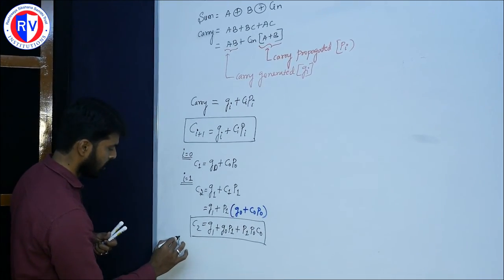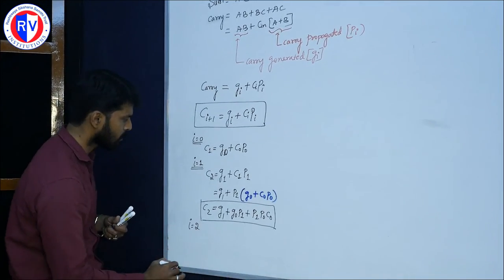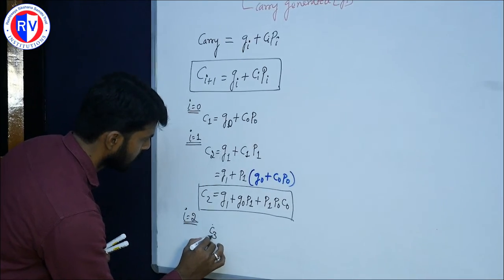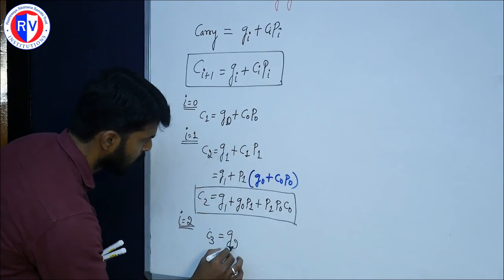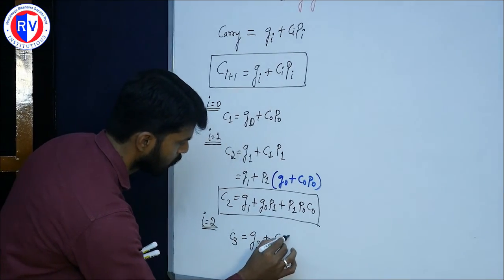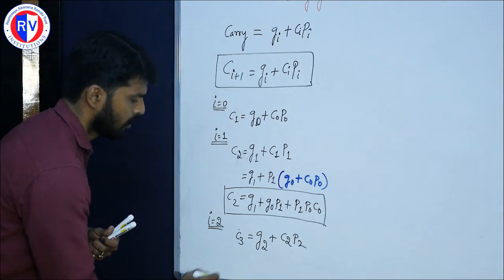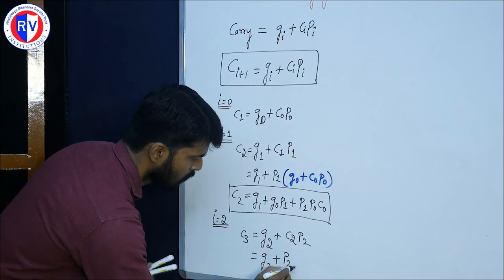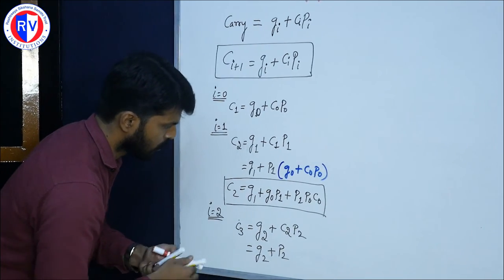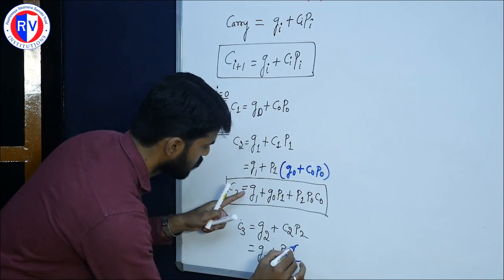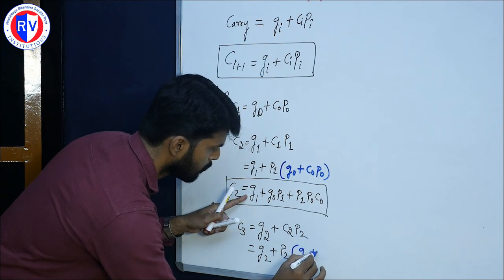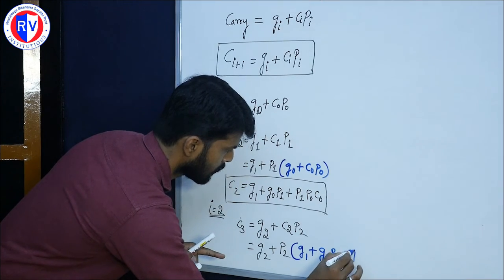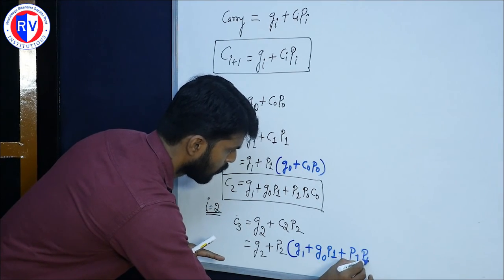Similarly, now I will take i equal to 2. If i is equal to 2, then C3 is equal to G2 plus C2 P2. And we know what C2 is. So G2 plus P2 times C2, and C2 is G1 plus G0 P1 plus P1 P0 C0.